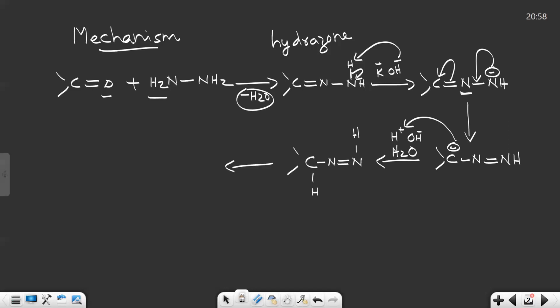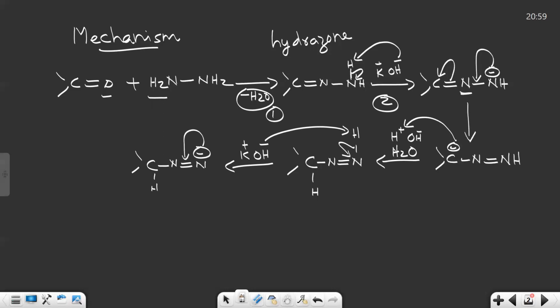Now the next step is again the reaction with KOH. This is the first step and this is the second step. In the second step, you can see that KOH attacks the N-H of this group. In the same way, K+ OH- attacks the hydrogen and the bond shifts back to nitrogen. So you will get carbon with nitrogen, double bond N with a negative charge.